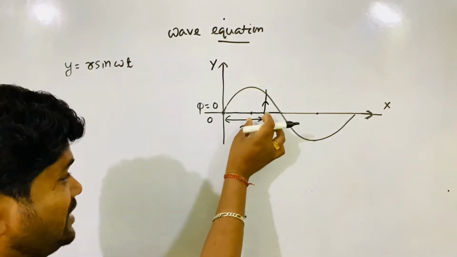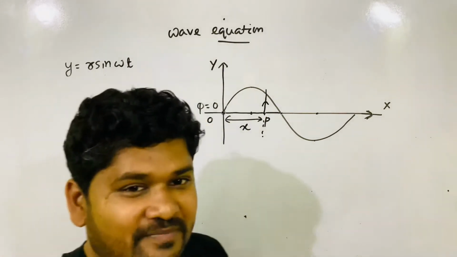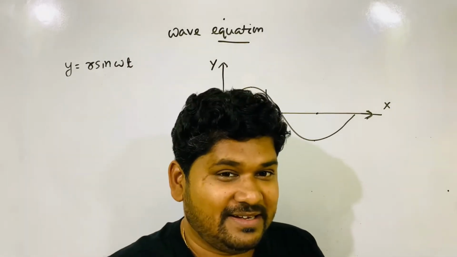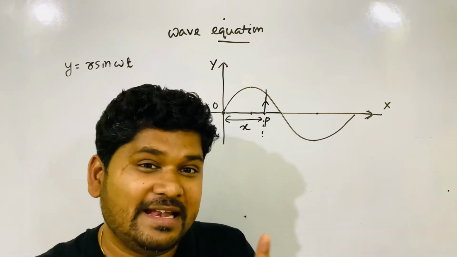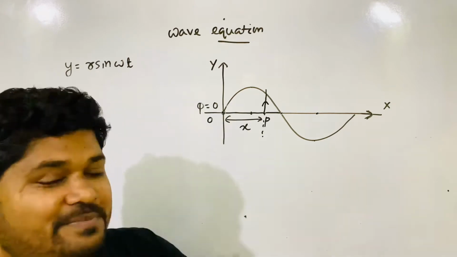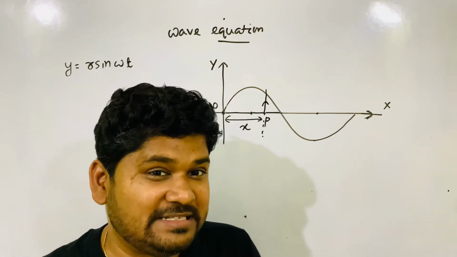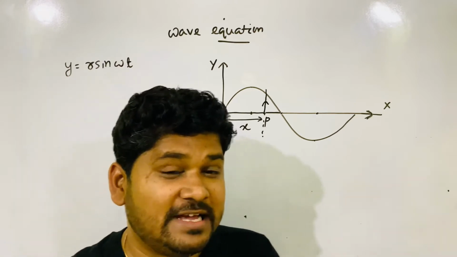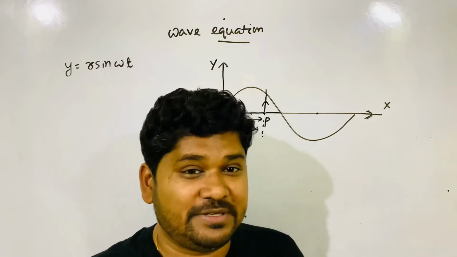But when I write the equation of P comparing with O, tell me, does P lead in phase or lag in phase with reference to O? About phase, I have told you in the SHM chapter. If you have not seen it, see the SHM chapter videos.